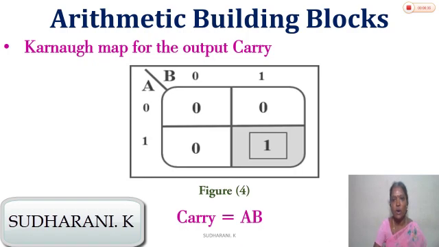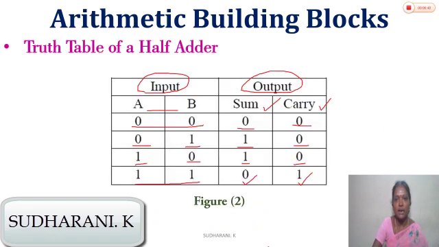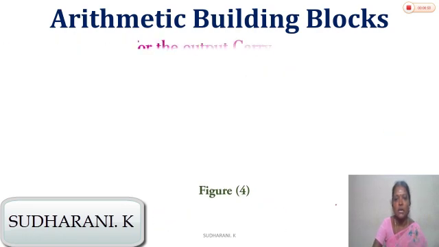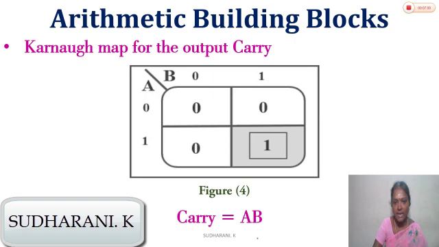Here we have only one 1, which is nothing but A and B. So from the truth table we can understand that the carry output corresponds to the output of the AND gate. So the Boolean expression for carry will be A and B. So carry may be implemented with an AND gate.